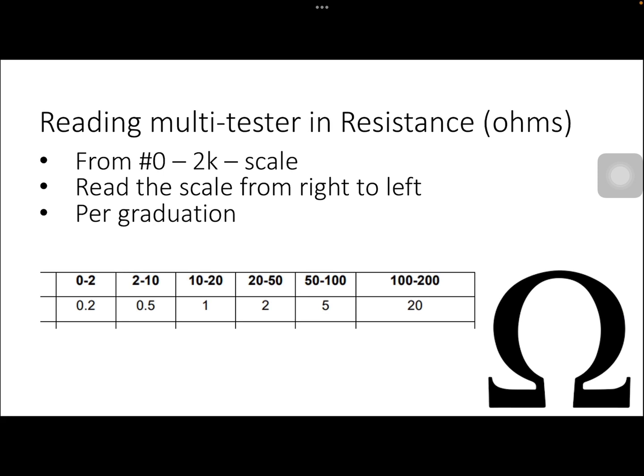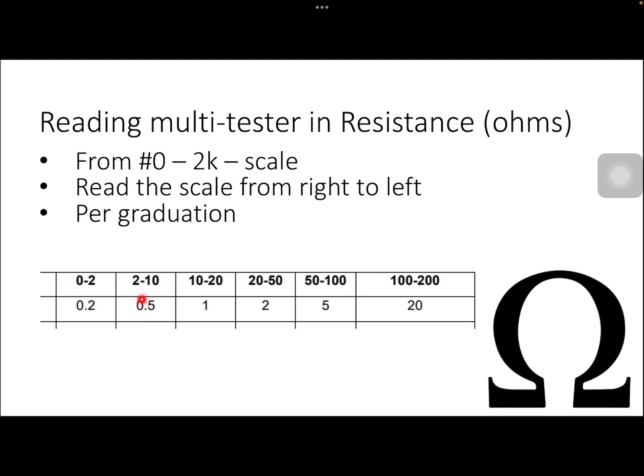Sige, para malaman natin yun, let's have the table. 0 to 2, the per graduation reading is 0.2. Ang per guhit or per linya, ibig sabihin, ang basa is 0.2. So, next, ranges from 2 to 10.